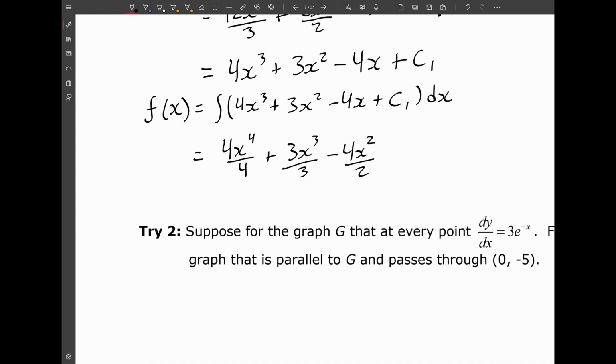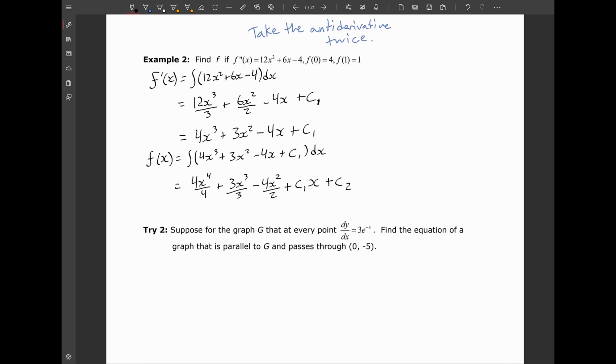Man, these are working out real nice. Plus c1 times x, right? Because the antiderivative of a constant is that constant times x, plus another constant. Okay? So, here's what I'm going to do now. Now, I need to solve for both of these constants. I could have done them one at a time, but I don't want to.